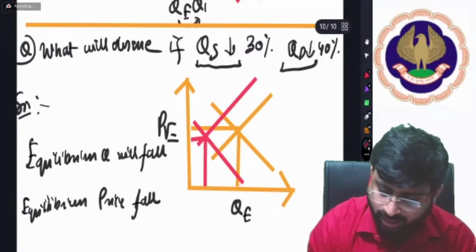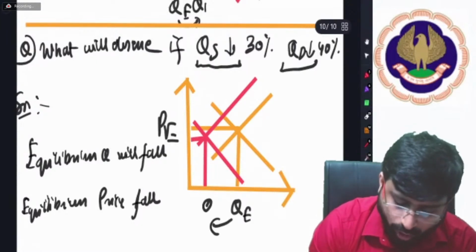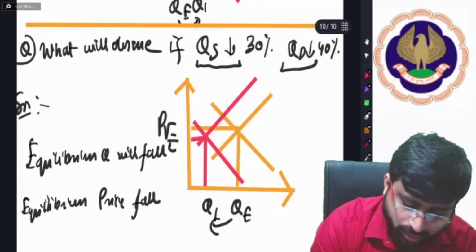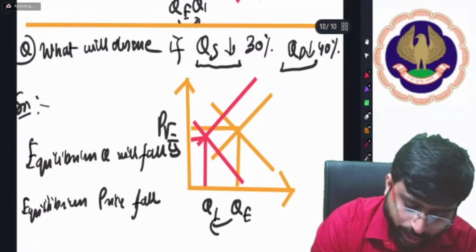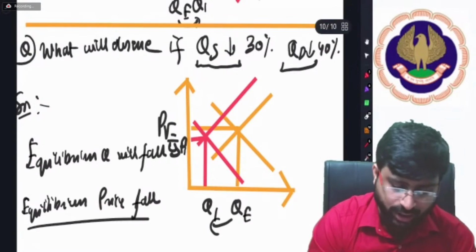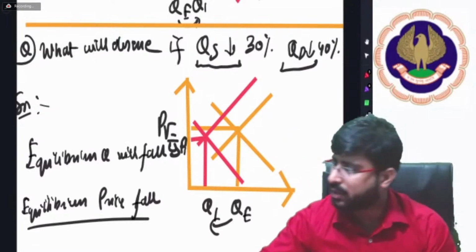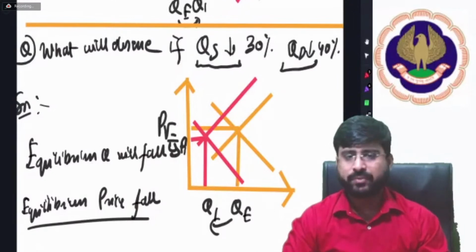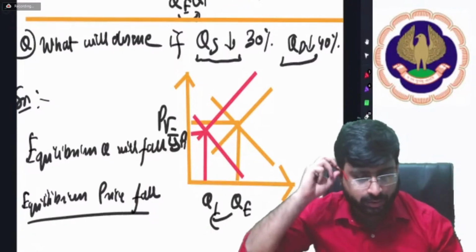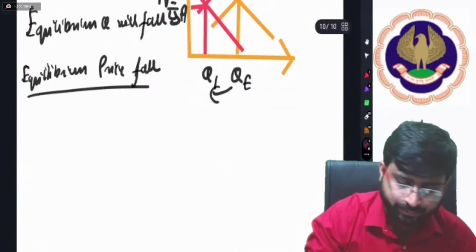Hence you can clearly see equilibrium quantity going down, and equilibrium price also going down here, which we had already predicted. Fall is the scenario.